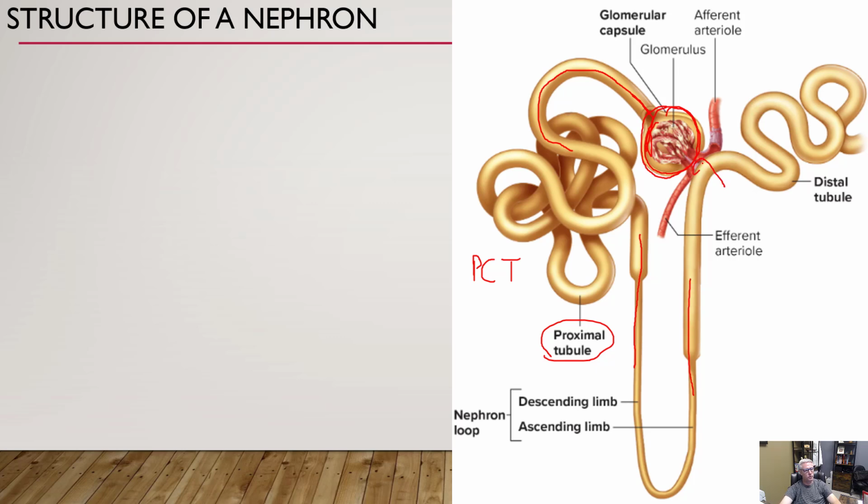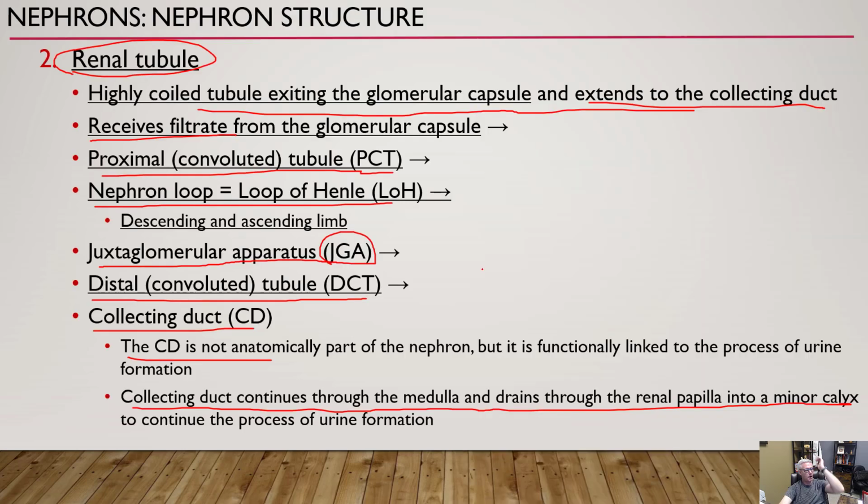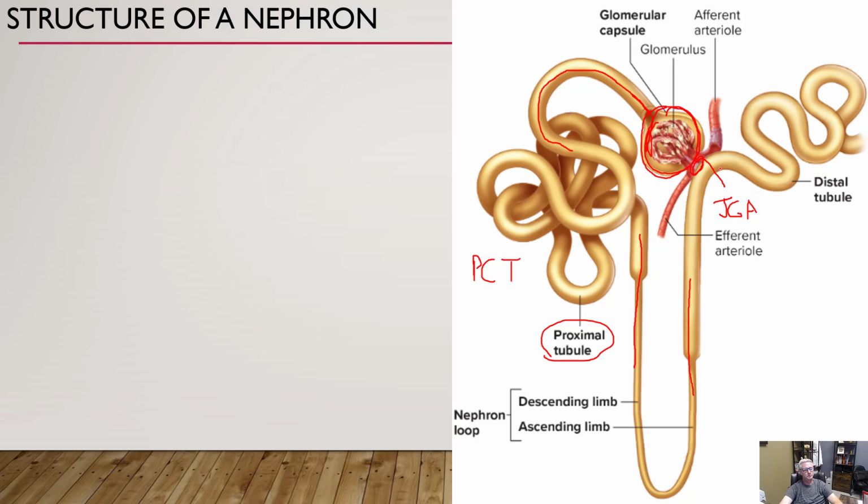This is our juxtaglomerular apparatus, JGA. That's this portion. And then we go into the distal convoluted tubule, DCT. And then we will go into the collecting duct like we talked about earlier.